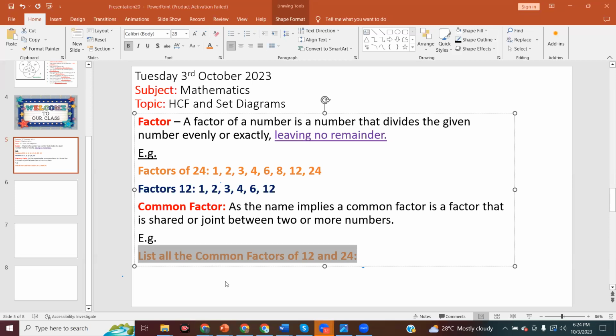What are the common factors of 12 and 24? Common factors.